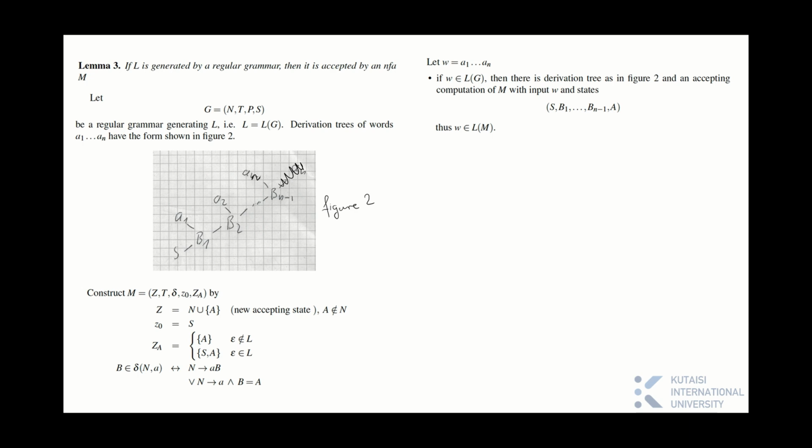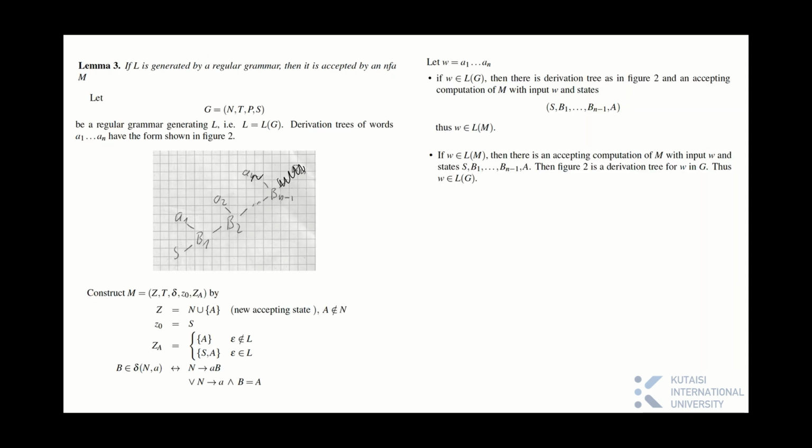Basically, if you start with a word in your grammar, there will exist a computation in your NFA that goes to an accepting state. This is how I drew it. So your word will also be accepted by the NFA. And the other way around.